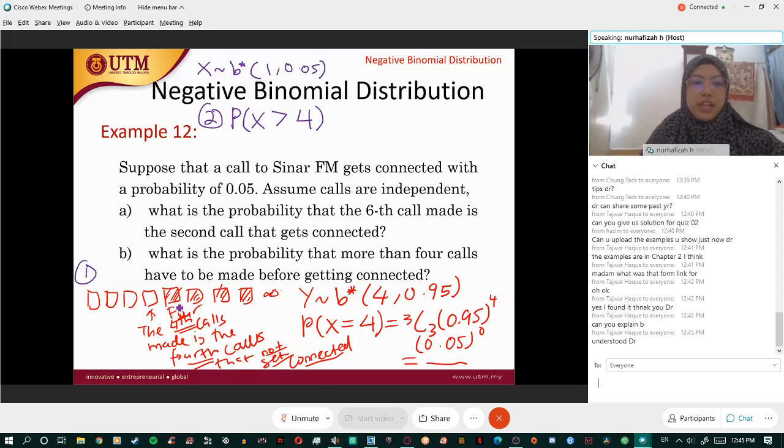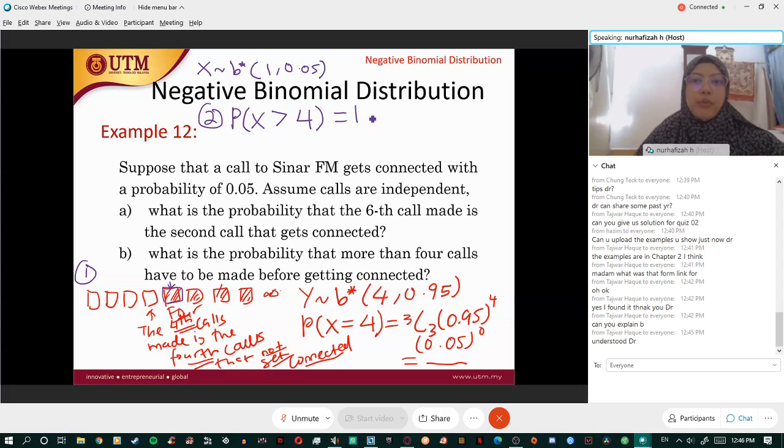Here we want to show that after more than 4 calls, we will get connected the first time, so r is equal to 1, and the probability of getting connected is 0.05. We use this distribution to find the probability of X more than 4.